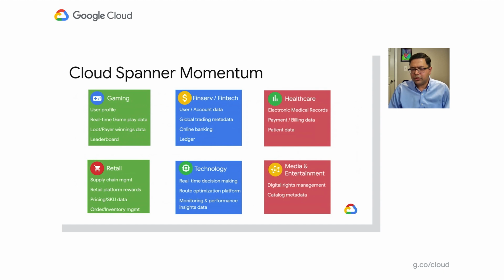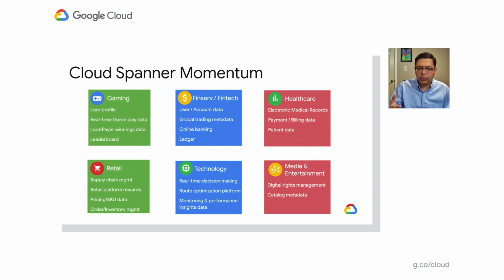So let's start with the gaming side. If you are a game developer and you are making a game, you like to start small, and once the game makes it big, or you are the next Pokemon Go, then you don't have time to re-architect the app for that scale. So Spanner allows you to do exactly that.